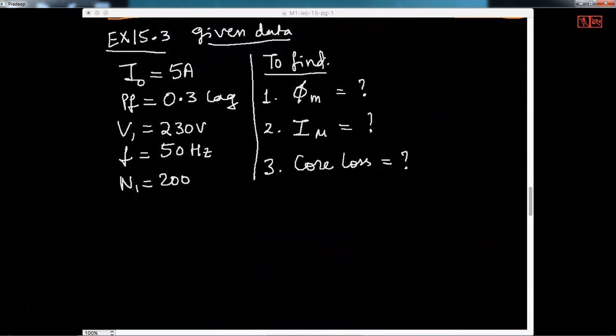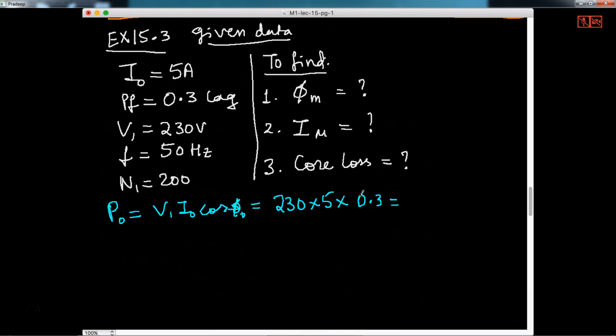Okay, so let us try to find out. First I can directly find the core loss. So what is core loss? P naught is nothing but V1 I naught cos phi naught. V1 is given as 230 volts, I naught is 5 amperes, and the power factor is 0.3.